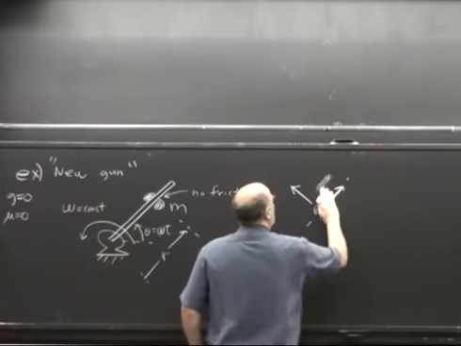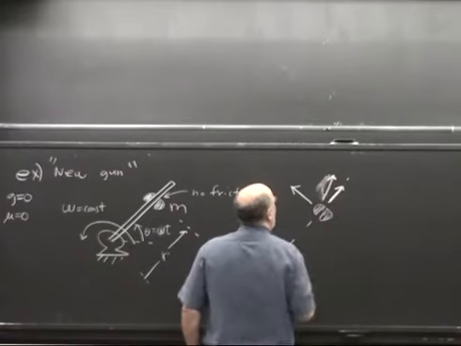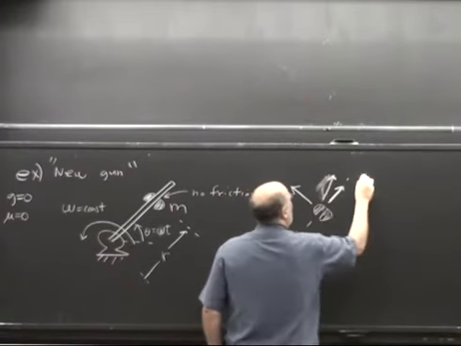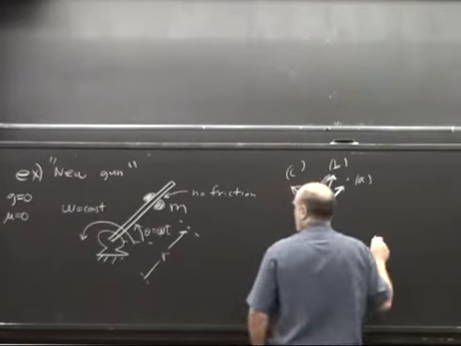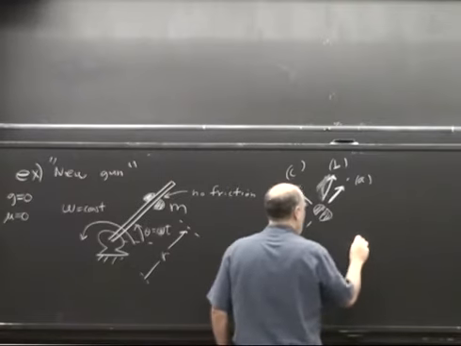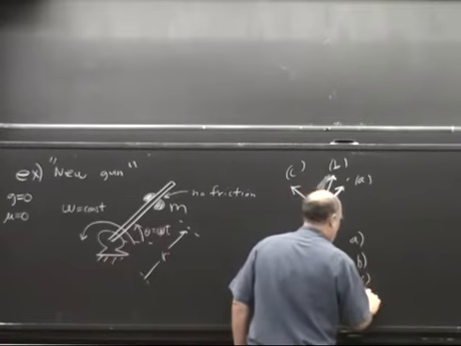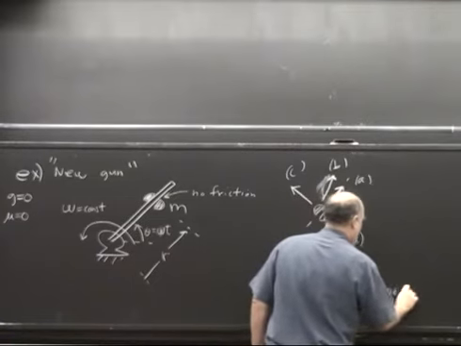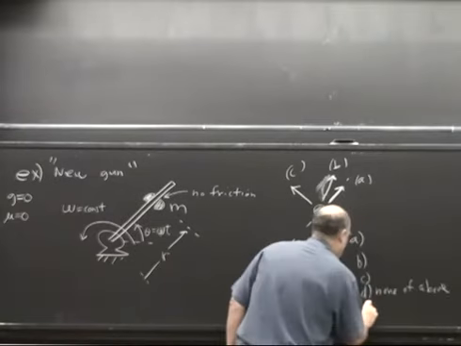This direction is not meant to be vertical, it's meant to be something sort of like that. And we could call this A, B, or C, and we could ask the question, is the acceleration equal to A, B, C, none of the above, or E, cannot be determined?